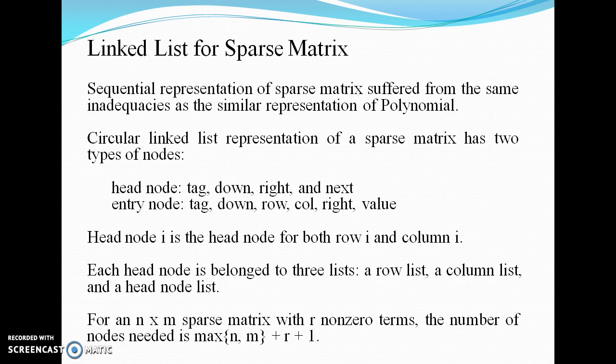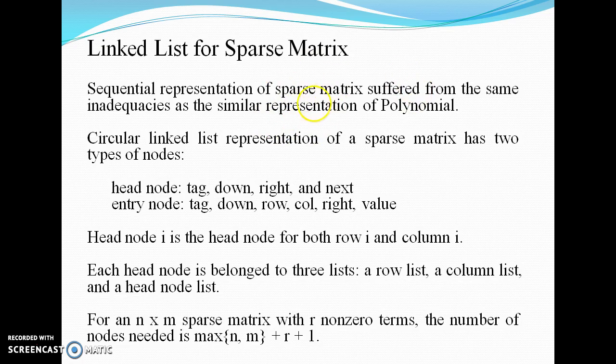So we can also represent a sparse matrix using a linked list. So what is a sparse matrix? It is a matrix which has a minimum number of non-zero elements and a maximum number of zero elements. Here you can see the sequential representation of a sparse matrix, and how it had some problems which can be overcome by using a linked list.